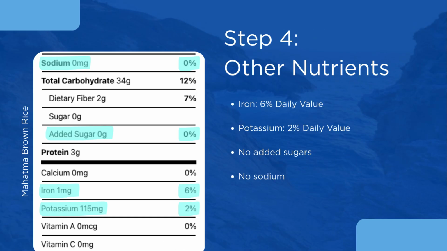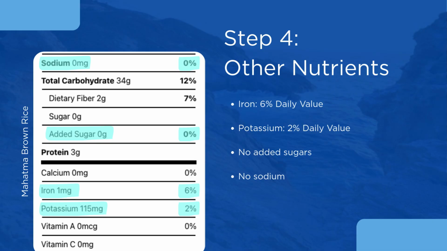As for other nutrients, we see iron and potassium in this brown rice, so they are going to be listed on the labels. These are natural minerals that are in brown rice, and we just want to make sure that we know what they are for. Iron supports oxygen transport in our blood, and potassium helps regulate our fluid balance, muscle function, and blood pressure.